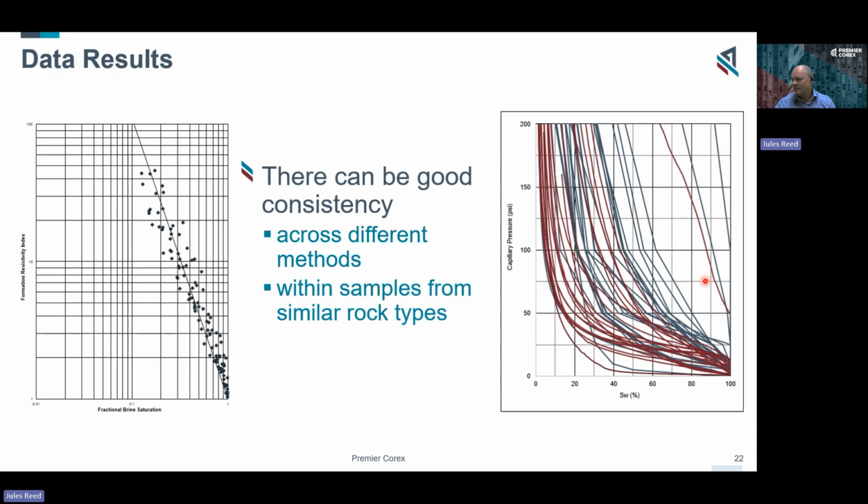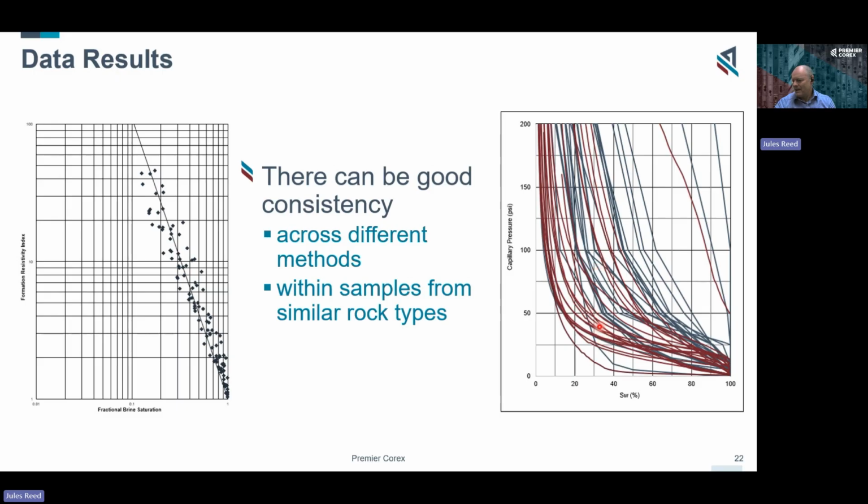And you can see some similarity. You can also see the mercury injection is lower. That's expected. You often need to make corrections to mercury injection data, which will shift the saturations here slightly to the right and make it align more with the SCAL data.